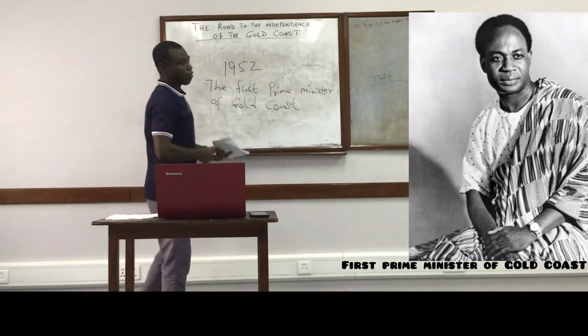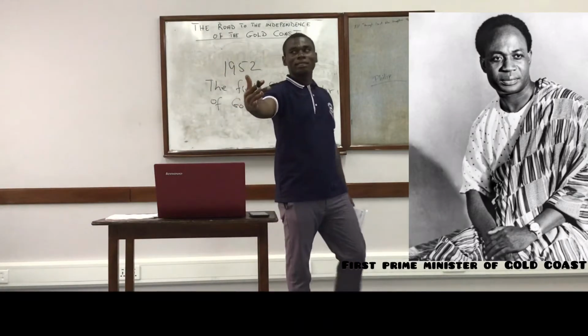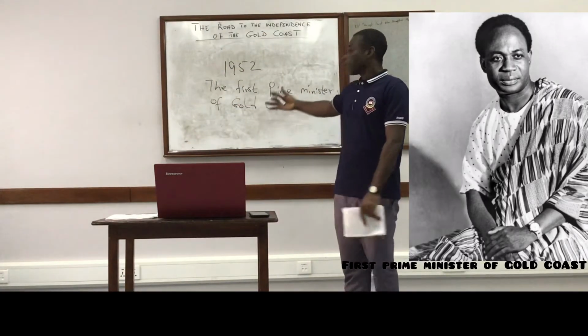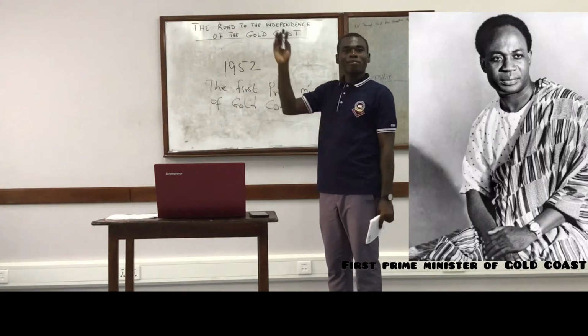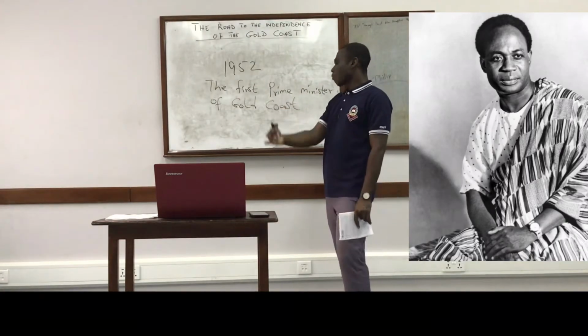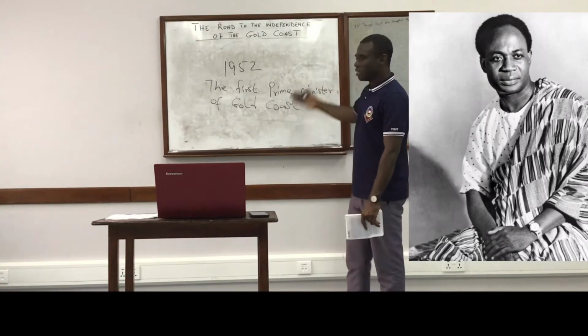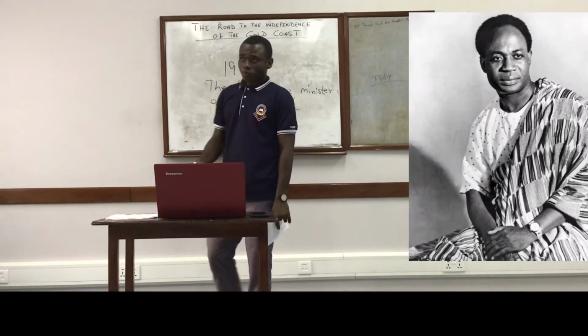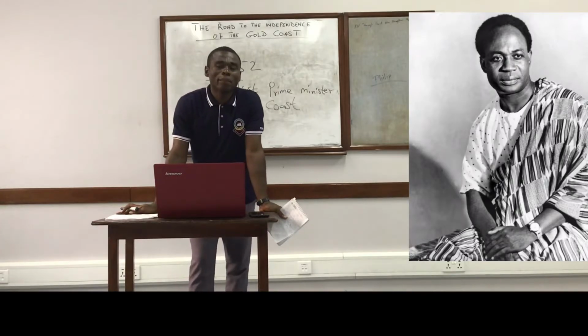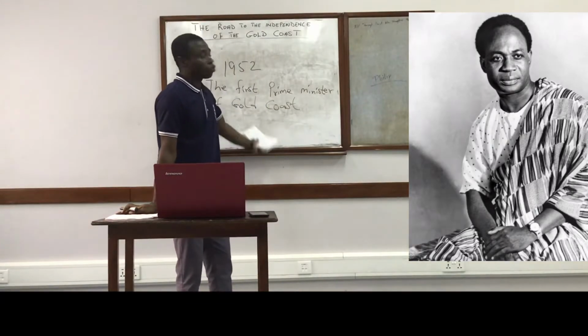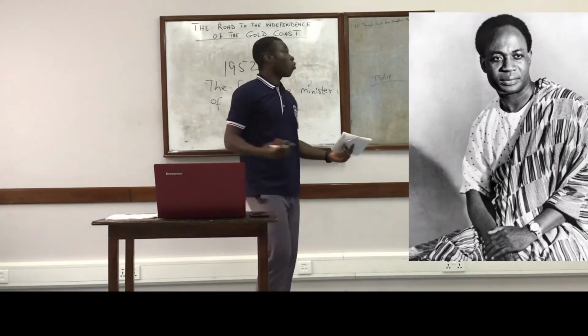So from prison in 1951 to becoming the leader of government business, and one year later he becomes the prime minister. So right now Nkrumah is the prime minister of what? The Gold Coast. Ghana is still under colonial rule.